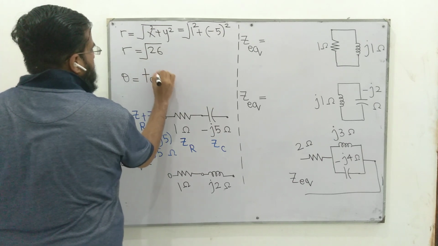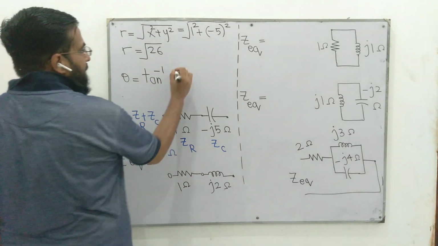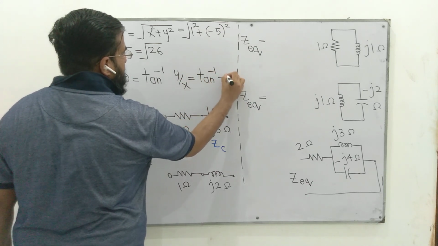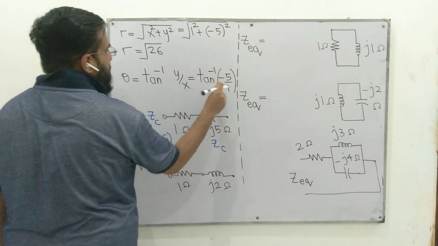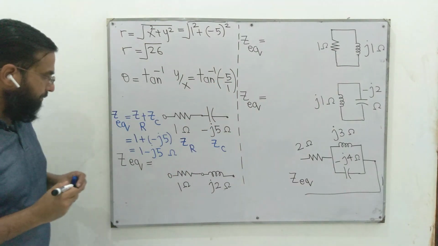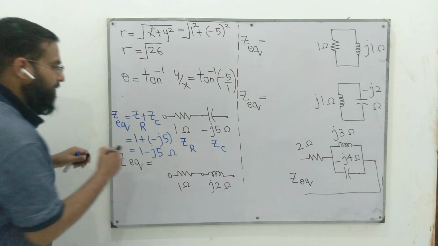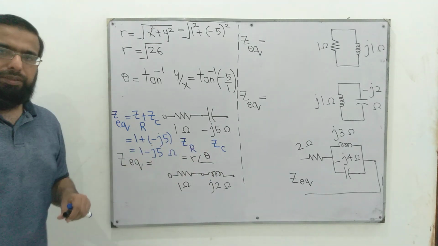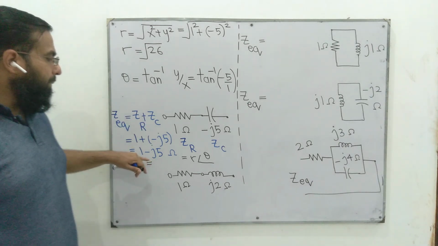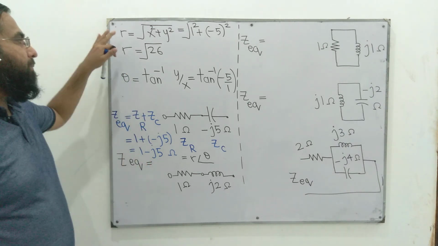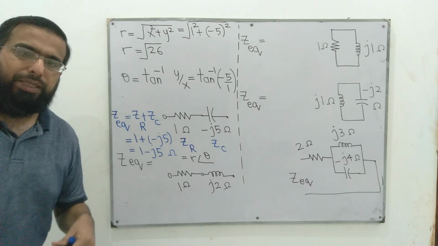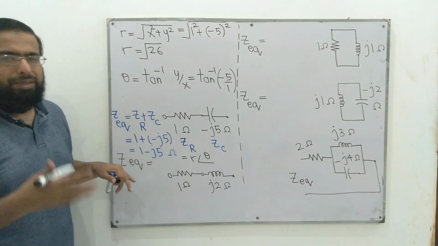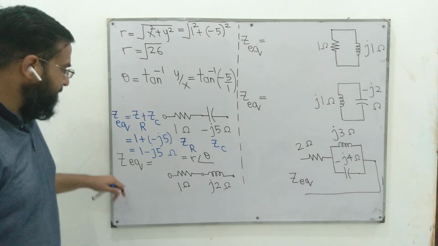Theta is inverse tan of y over x, inverse tan of minus 5 over 1. We can use a calculator to find its value, and then we can write it in the form of r at an angle of theta in polar form. So converting between rectangular and polar form can be done through this formula, or you can use a calculator to directly convert a number from polar to rectangular, or vice versa.